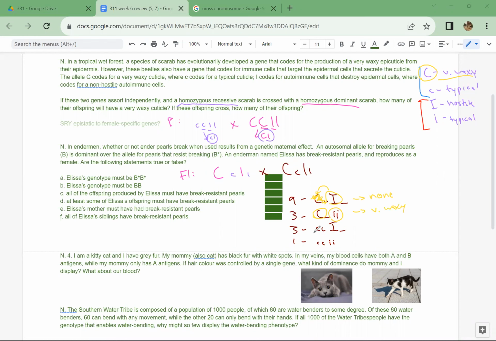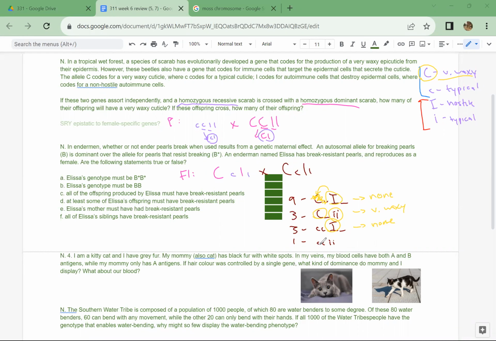The other 3 individuals don't have the genetic capability to produce the very waxy cuticle, but they can still produce a typical cuticle. They have the homozygous recessive condition, so no extra waxy, but just the regular cuticle. However, at this epistatic locus, we once again have those hostile autoimmune cells that will destroy any epidermis that can create the cuticle at all. So once again, we have no cuticle.